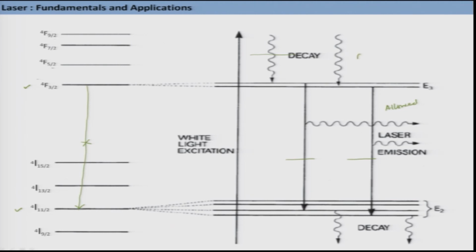Okay. Now from there it can come back radiatively to these 4I11/2 states, which are now split states after the crystal field is provided. So, you get laser emission due to the transition from these 4F3/2 states to 4I11/2 states.